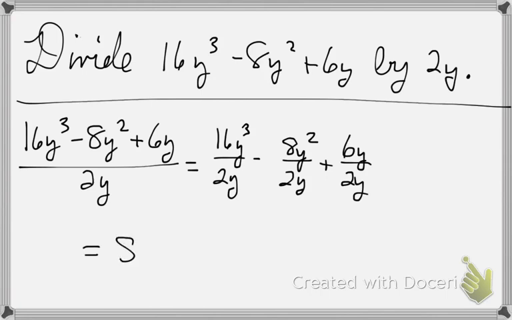We get 8y squared, we get minus 4y, and we get plus 3. Is that okay? So when we divide 16y cubed minus 8y squared plus 6y by 2y, we get 8y squared minus 4y plus 3. Did that divide cleanly? Yes, it divided cleanly. Is that okay? Not so bad as a start.